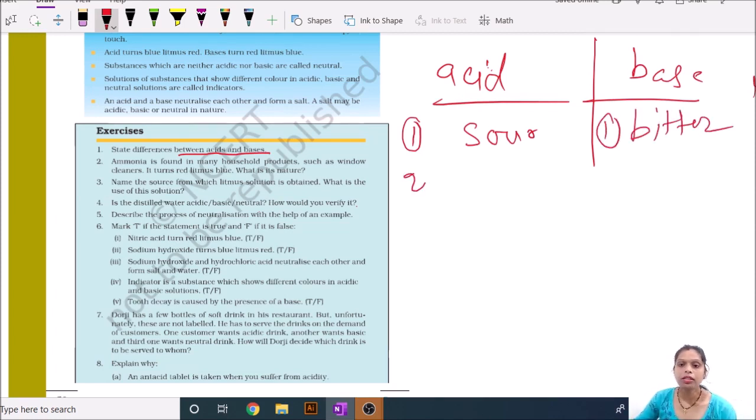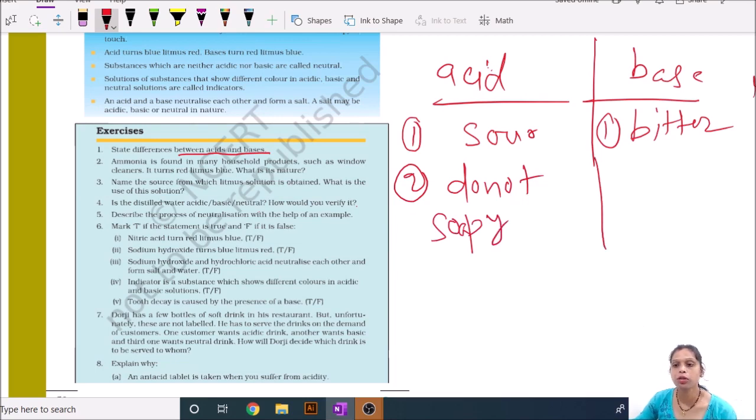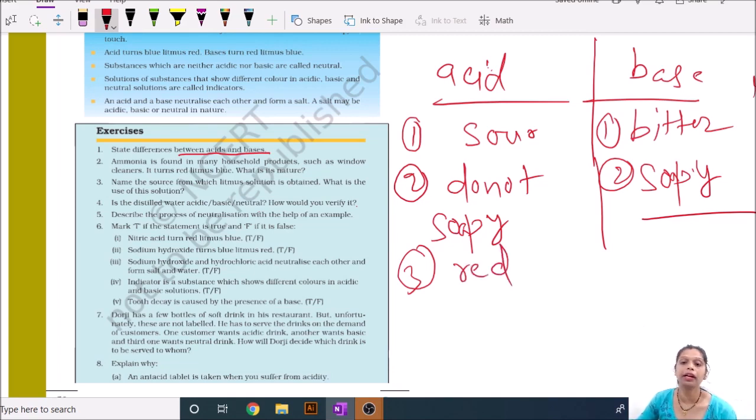Second, acid does not give a soapy response, whereas base gives a soapy response. Third, whenever you take a blue litmus paper and put acid on that, it converts into a red color.